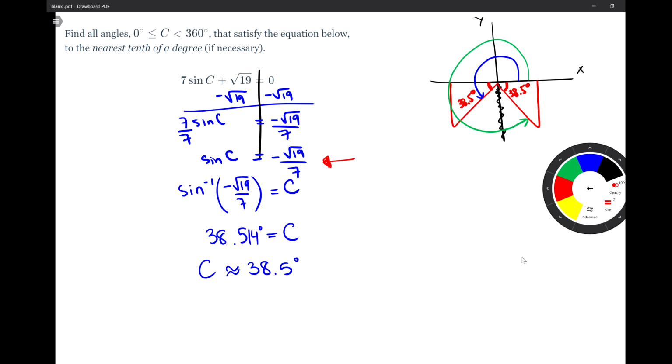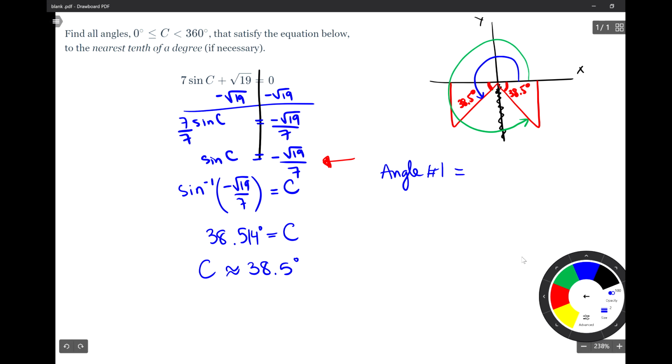Alright, so we know the reference angle is 38.5, and in order for us to find the angle, the blue one, in standard position, I'll call it angle number 1 as a solution, equals 180 plus 38.5 degrees, because we know this is 180 degrees and we have 38.5 degrees more.